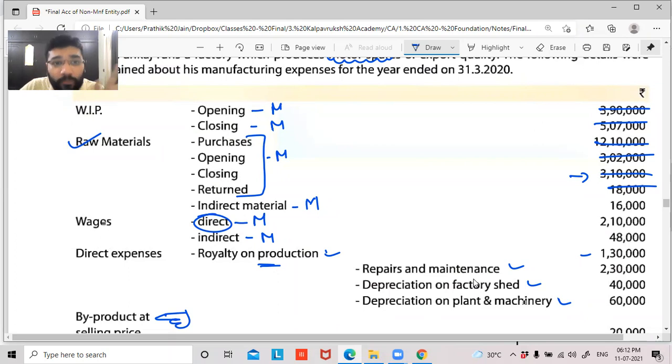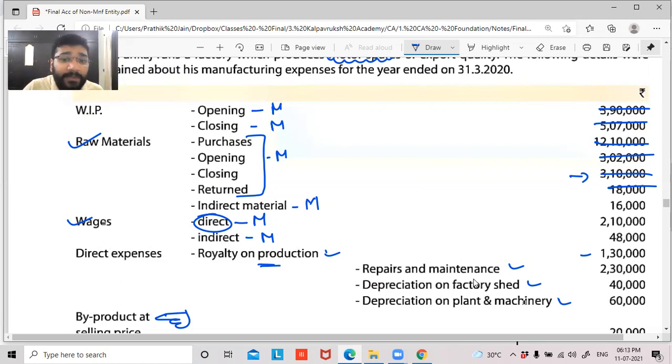Without raw material, I cannot do production. If there is no labor working directly on the manufacturing or processing, where will I get the end product? So direct material, direct labor, and direct expenses are those which, if you stop incurring, your production will stop.